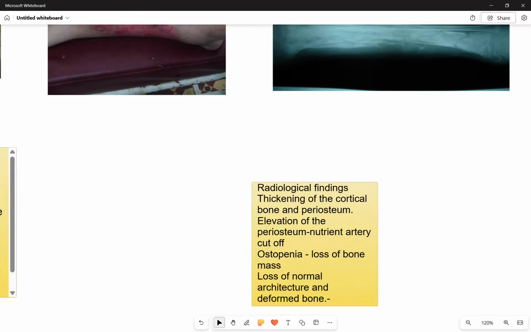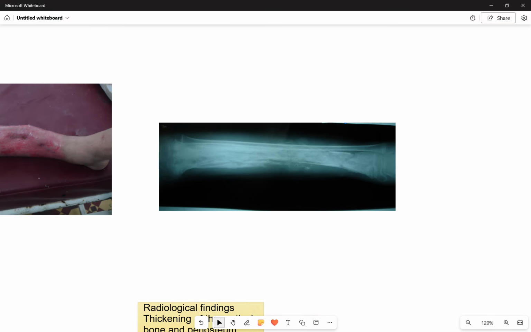Now this is the X-ray of the 10-year boy, and what you can see is the tibia. This is the tibia over here, and that's the fibula. The tibia shows a lot of lucency. It's necrotic bone.